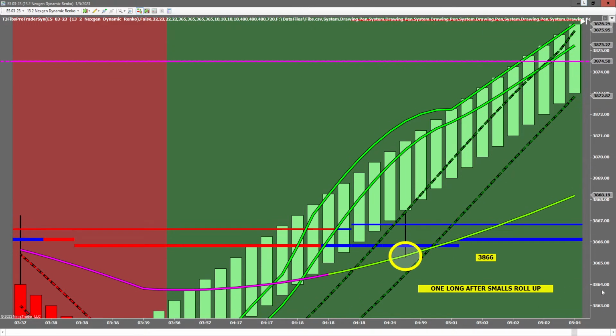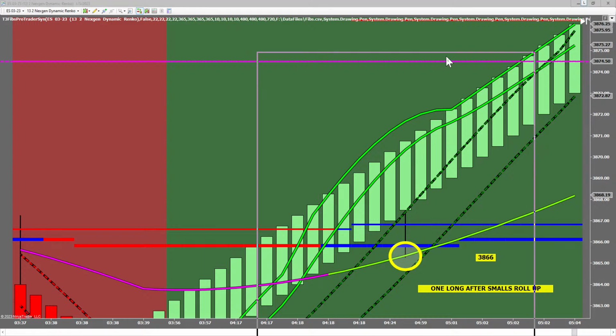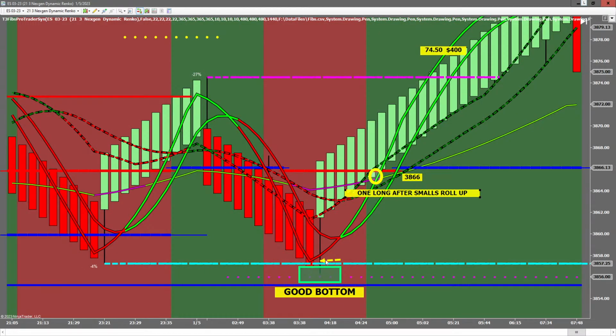You have to have this context of a good bottom. And it's because of this down here that you're going to be brave enough to hold through a little teeny tiny 5-1 divergence. Does that make sense?